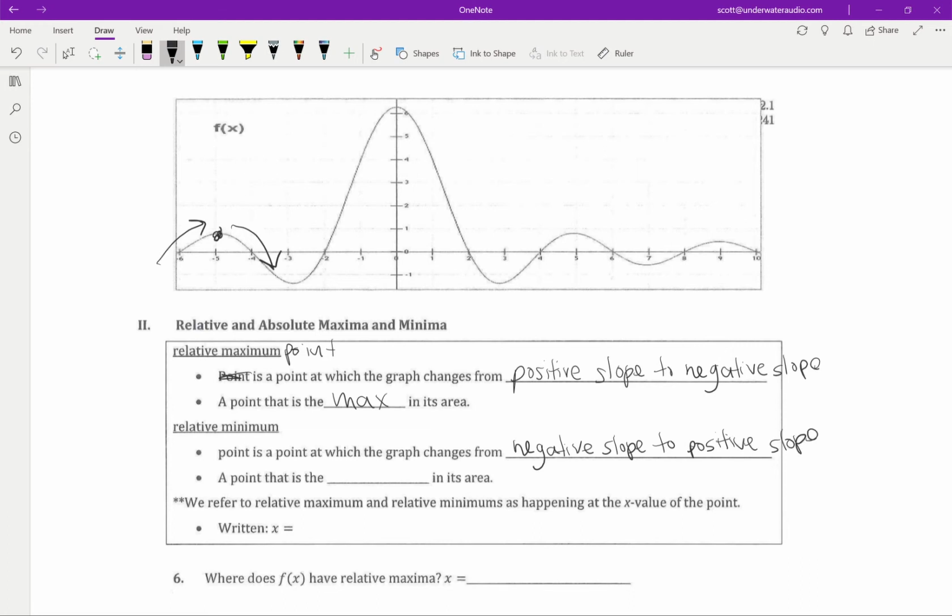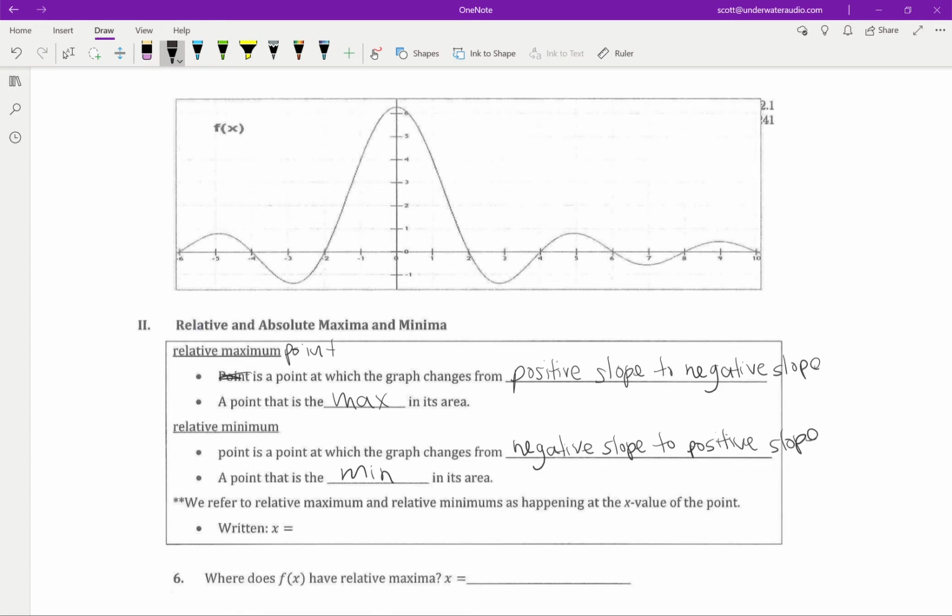So a minimum over here at 3, notice beforehand the slope is negative, and then it's 0, and then the slope becomes positive. And a relative minimum point is just the minimum in its area, nearby. It doesn't have to be the lowest point of all time, just has to be low for what's around it.